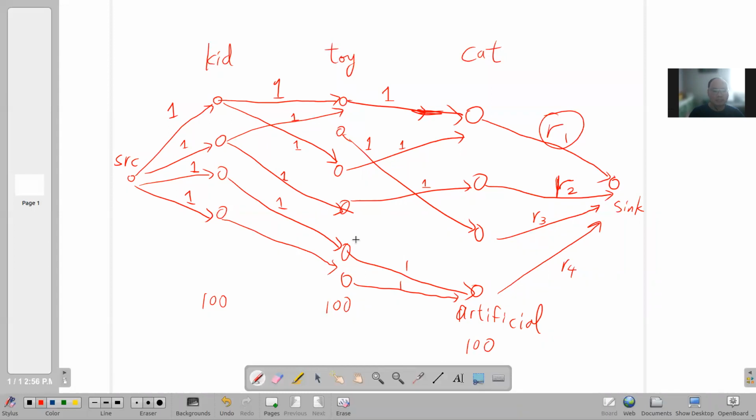And the number of edges is not that much. At the worst case, this layer has at most 10,000 edges if they're connected in all possible ways. Actually, no, because each toy can only belong to one category at most, so there are only 100 edges there. So the number of edges is not that high either.